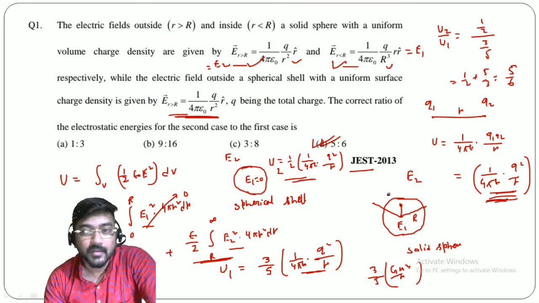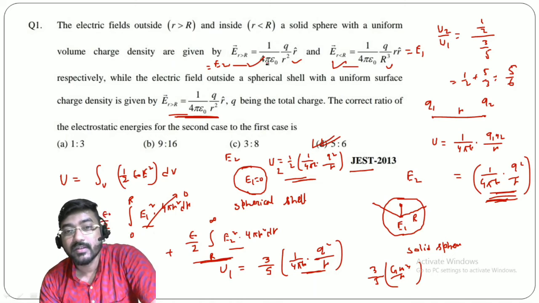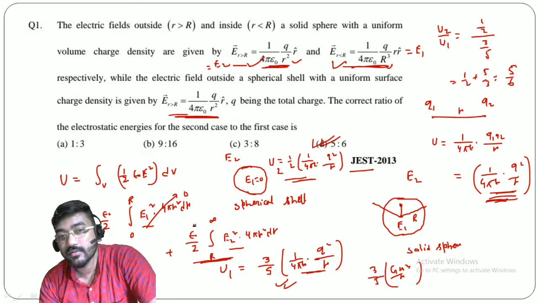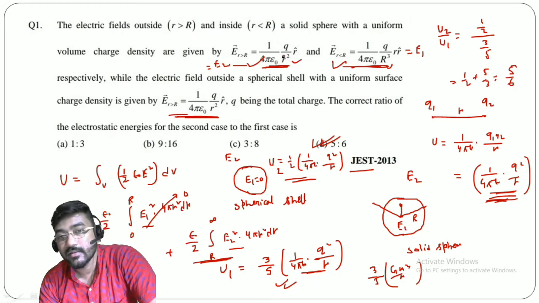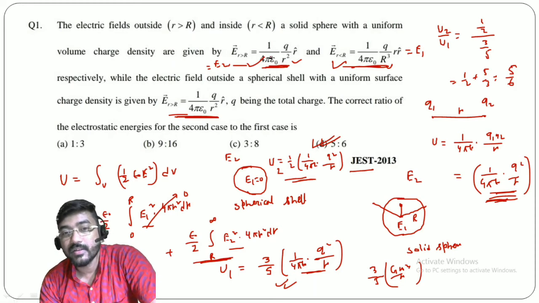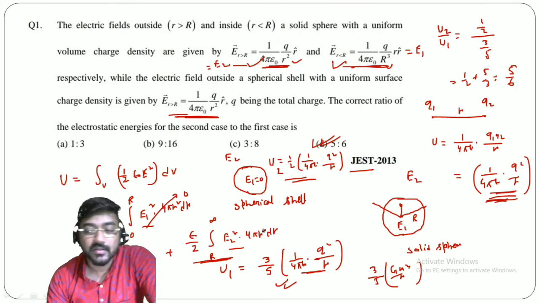But remember that these results are for uniform distributions. If they change the expression, then obviously you have to go through the integration process. Sometimes they may change this intentionally, so please keep this in mind for this kind of problem.